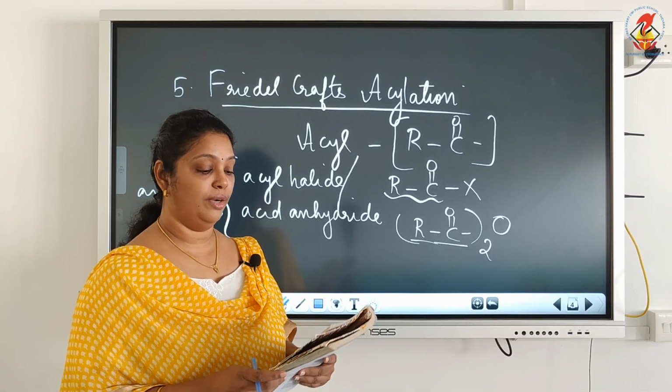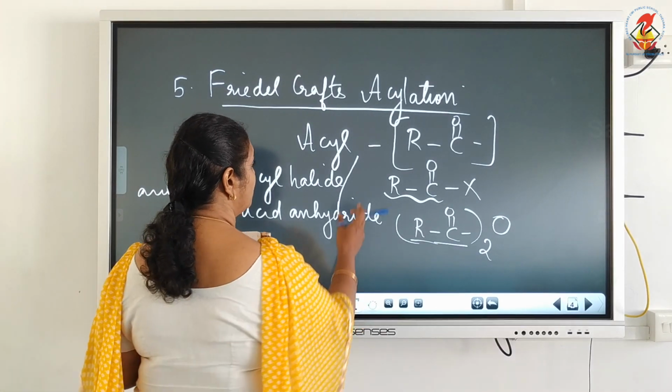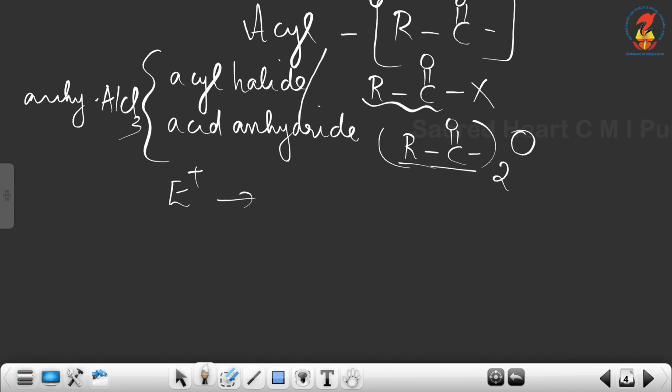Now we are going to write the example. The electrophile here is the acylium ion. I'll show how that acylium ion is formed.